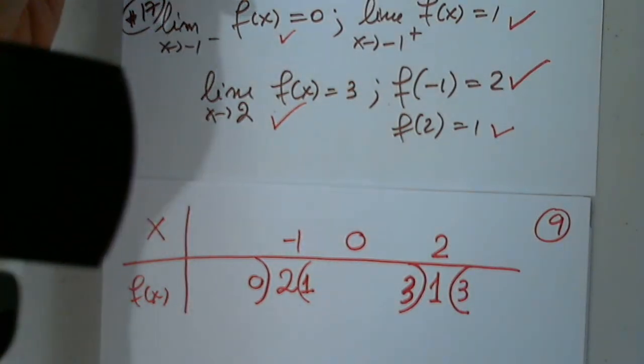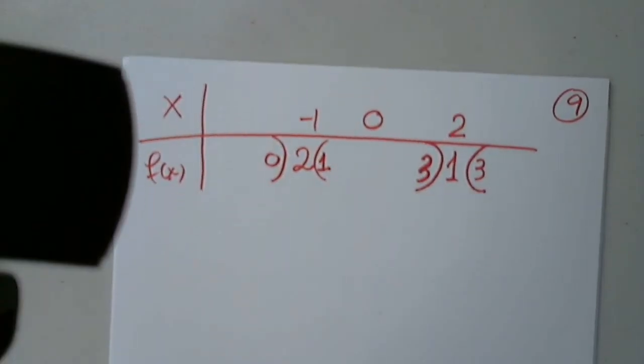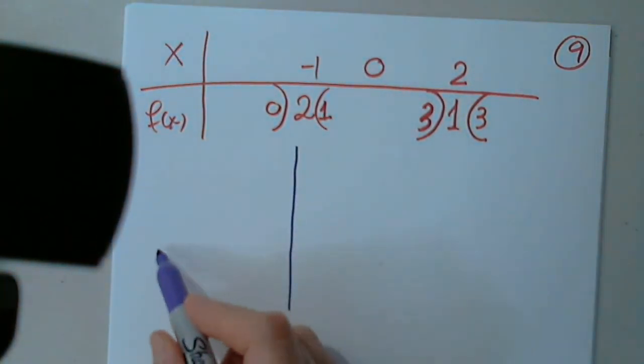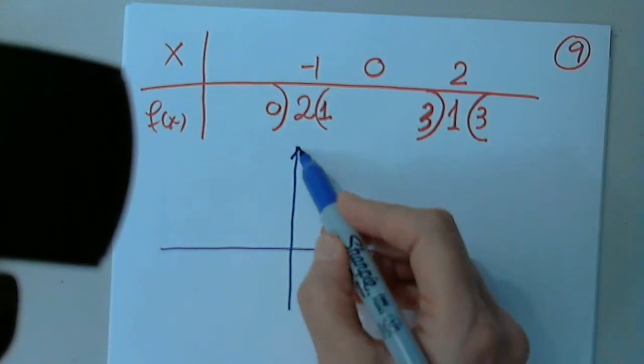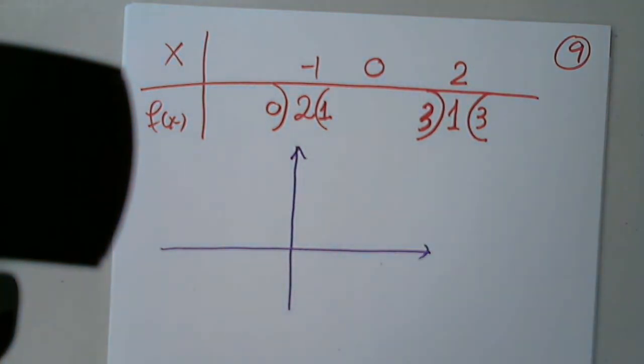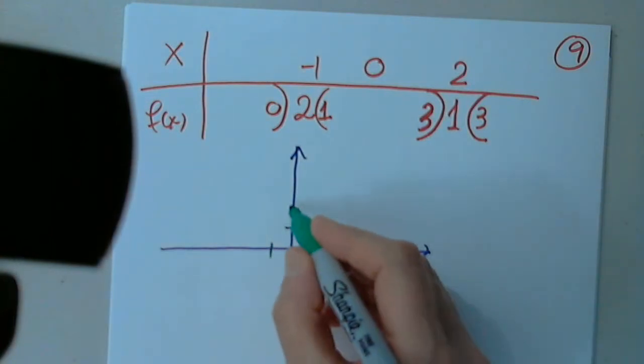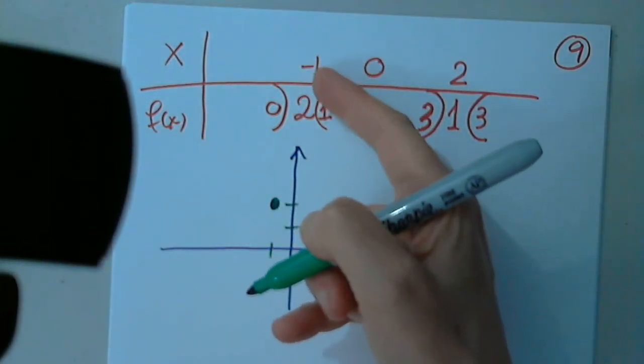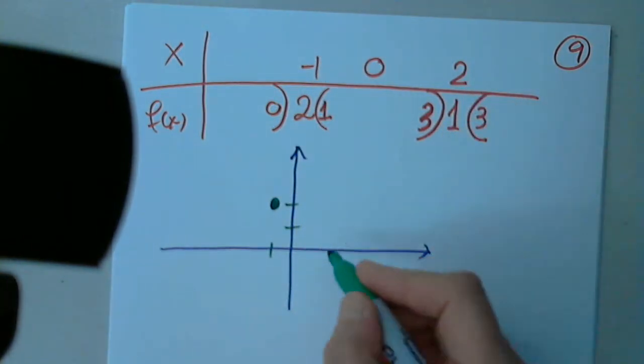So I will graph an example of a function that complies with the given conditions. No worries. I will start, of course, by plotting the points. -1, 2. Two, 1.